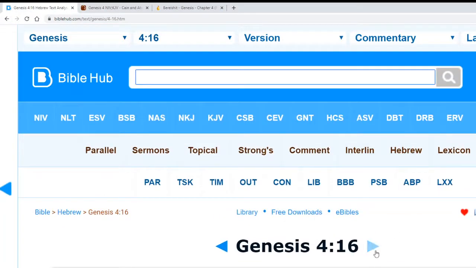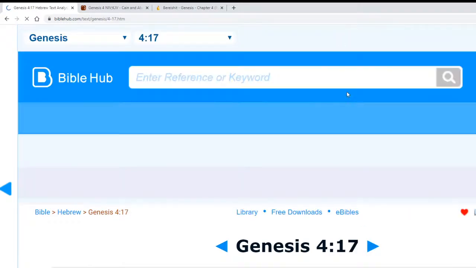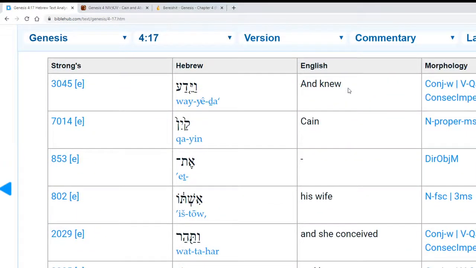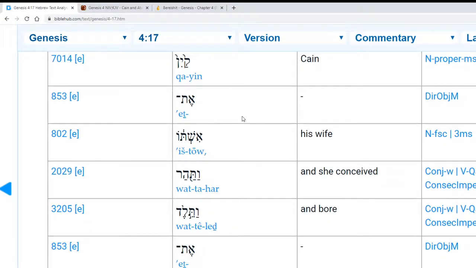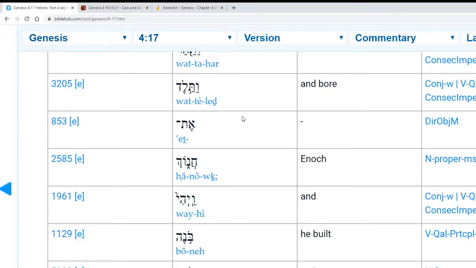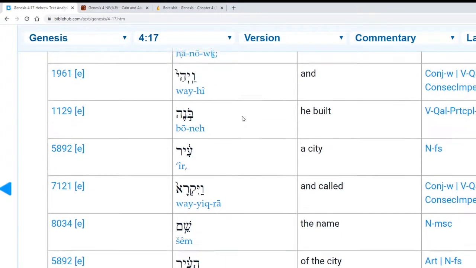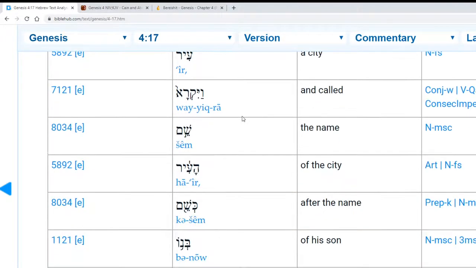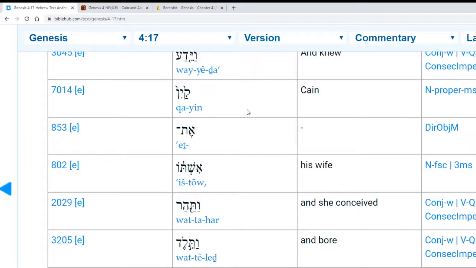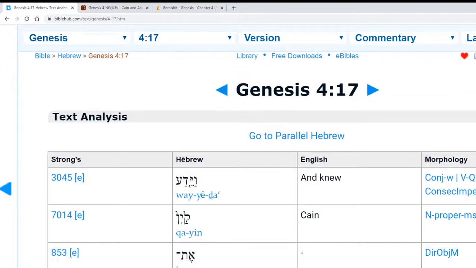Verse 17. Vayeda Cain et ishto v'tahar v'teled et Chanoch Vayehi vone ir vayikra shem ha'ir keshem beno Chanoch. Okay. So conjunctive vav vayeda, and he knew. Right.